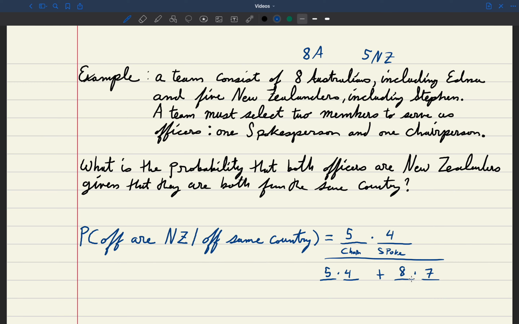Okay, so we're going to have 20 over 20 plus 56, and that's 20 over 76, and that would be 5/19.